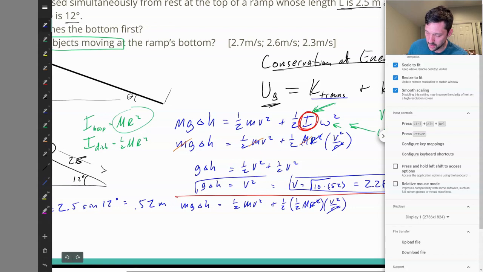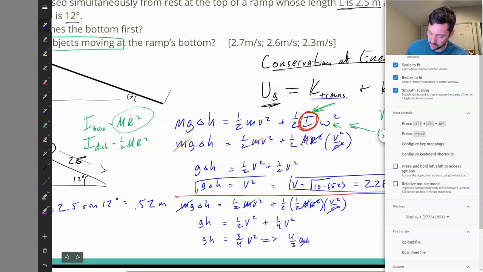The r's cancel, and we can cancel the m's as well. So we've got 1/2 v squared plus 1/4 v squared equals g delta h. Add those together, we get 3/4 v squared equals g delta h. Turn that into 4/3 g delta h equals v squared.